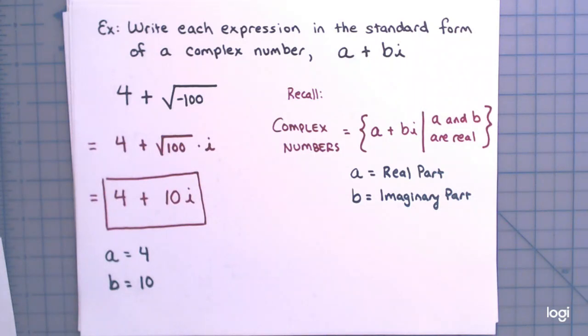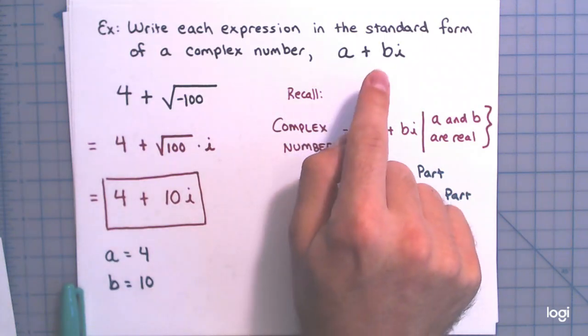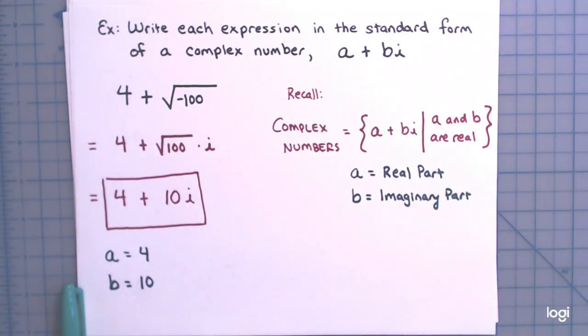Great. And I should be able to do this with any number I see. Any expression with numbers I see, again in an intermediate algebra, pre-calc, calc 1, calc 2 course, I should be able to rewrite in this standard form.